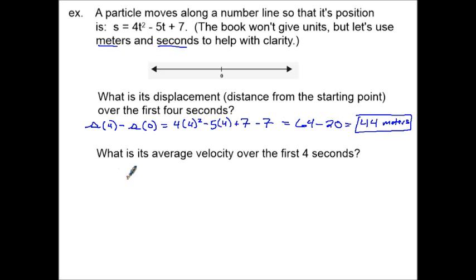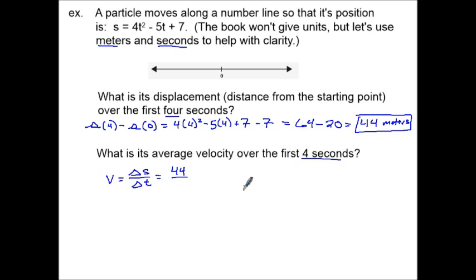Alright, so then, what's its average velocity? Well, velocity is basically just delta s over delta t, so the difference in your position over the difference in time. Delta s is what we just figured out here because we're still talking about the first 4 seconds. If I had changed the time period, I'd have to do a new calculation, but since I didn't, I can just keep my 44 right there.